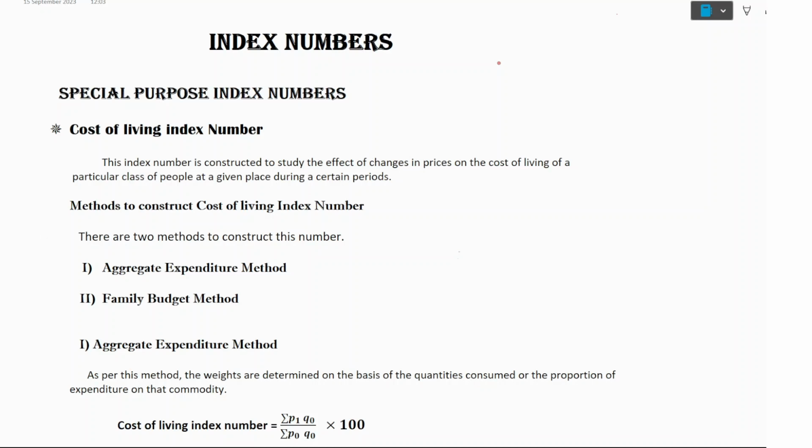What do you mean by cost of living index number? This index number is constructed to study the effect of changes in prices on the cost of living of a particular class of people at a given place during a certain period.